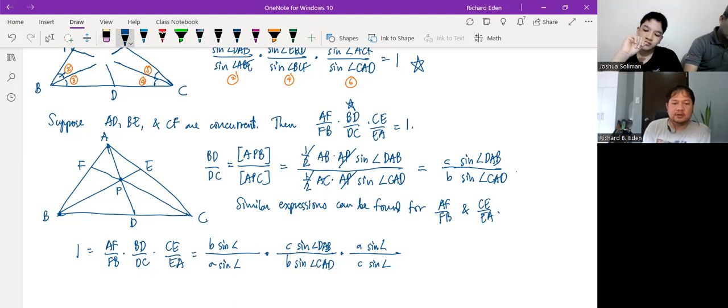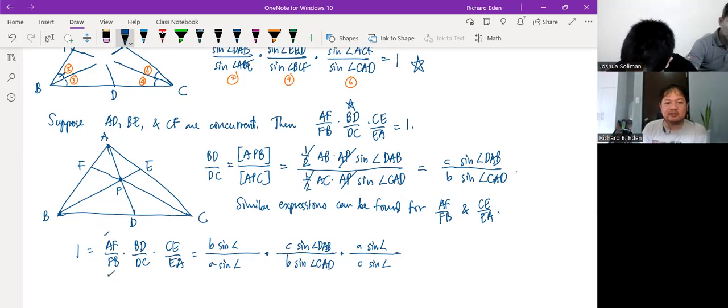Okay, so ito, BD to DC, we used the angles opposite them. So ito ng DAB and CAD. So when we fill in the missing parts for the other two ratios, we look at the angle opposite, in this case, AF and FB.